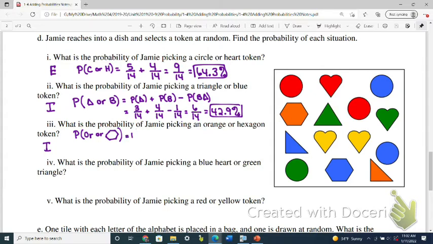So that's going to be the probability that it's orange plus the probability that it is a hexagon minus the probability that I have an orange hexagon. So the orange tokens, I have 2 of them. Hexagons, I have 2 of them. Orange hexagons, I have 1 of them. So I get 3 out of 14, which is 21.4%.